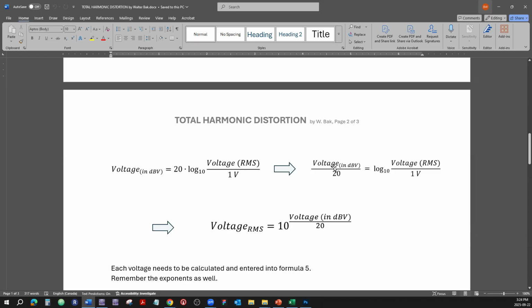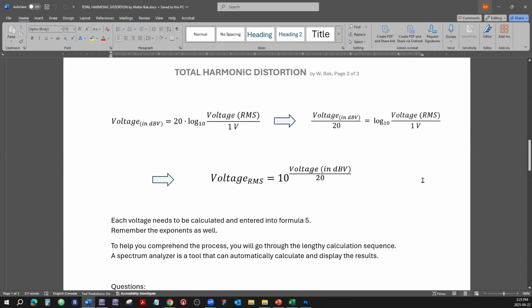The voltage in dBV divided by 20 equals log of voltage RMS over 1 volt. And if we keep rearranging things, the voltage RMS, which we want, equals 10 to the exponent of the dBV divided by 20. Okay?